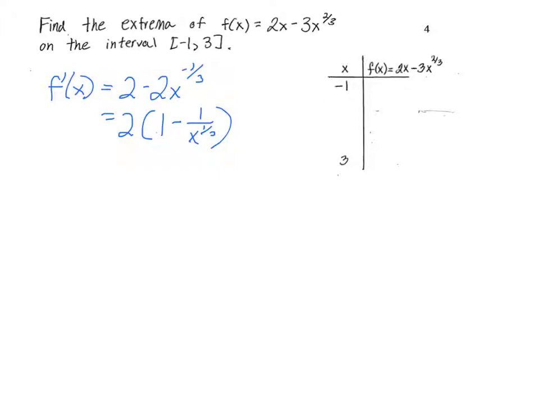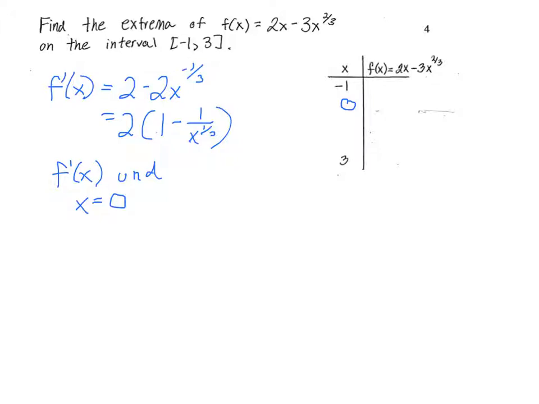Okay, so now I want to determine where the derivative either equals 0 or is undefined. We can easily see where this function would be undefined. Since we have a variable in the denominator, it will be undefined at x equals 0. So I can take a 0 and put it into my table.